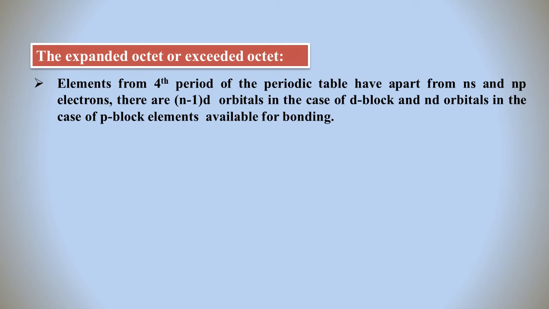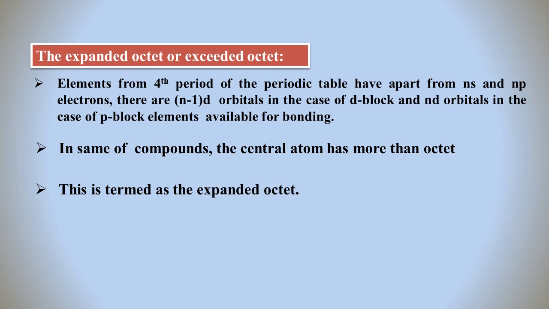All of them can make bonding. So in some compounds, the central atom has more than an octet. This is termed an expanded octet, as it is oversaturated beyond the octet.